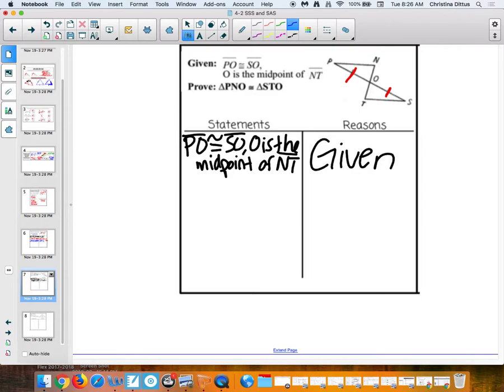So I know in my little picture that PO is congruent to SO, yeah? Have I really used the fact that O is the midpoint of NT yet? No. If O is the midpoint of NT, what do I know? ON is congruent to OT. NO and OT are the same.